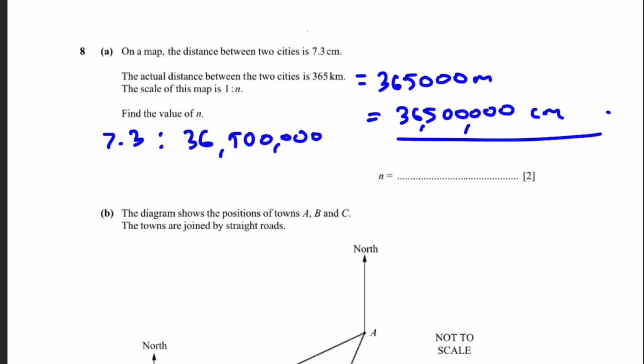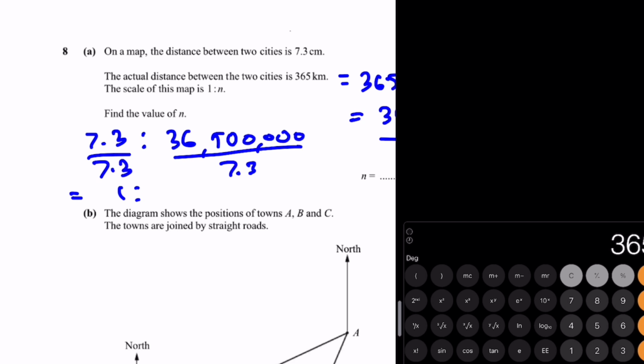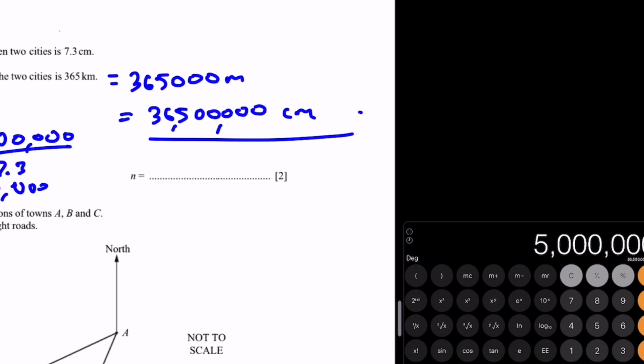Now we can divide both sides by 7.3, and we'll get 1:n, and this n value we can do as 365 followed by 5 zeros divided by 7.3 to get 5 million. And that will be our answer. So n is equal to 5 million.